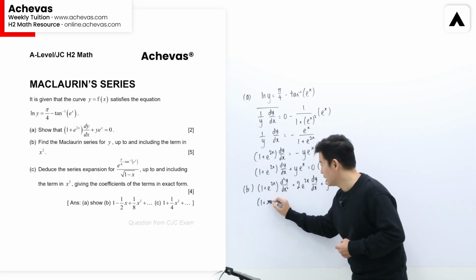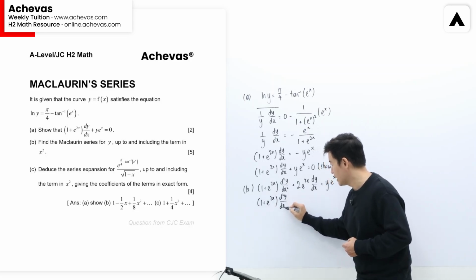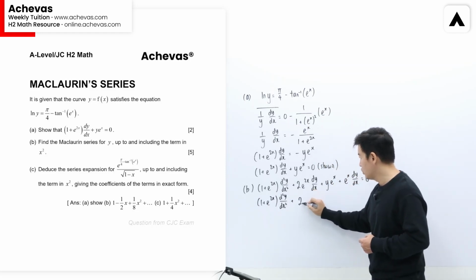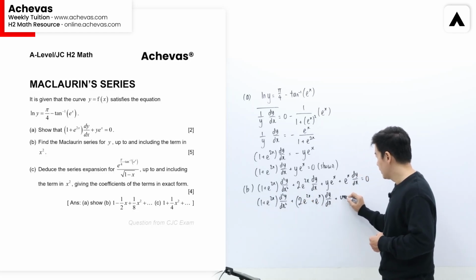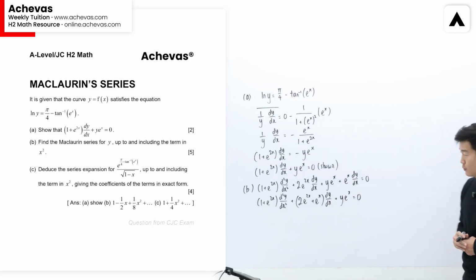So just to rewrite this equation, d square y dx square, plus I'm going to group this and this together. So we have a 2e to the power of 2x plus e to the power of x, so this dy dx, then plus y e to the power of x. This is equal to 0.